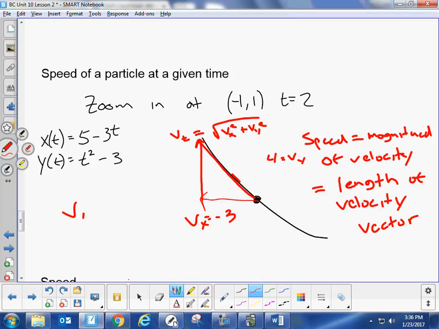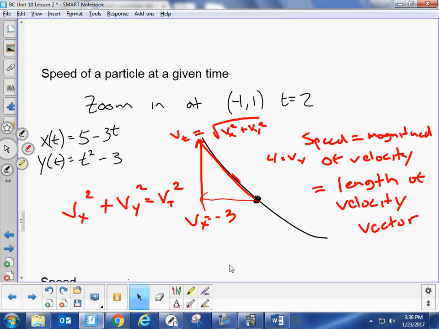Because we'll have the Pythagorean theorem to work for, because we have a right triangle. V sub x squared plus v sub y squared is equal to v sub t squared. Spelled magnitude wrong.